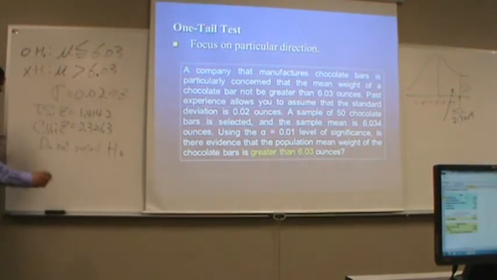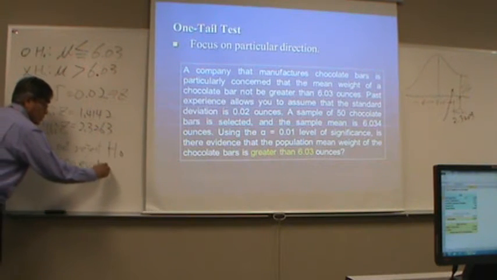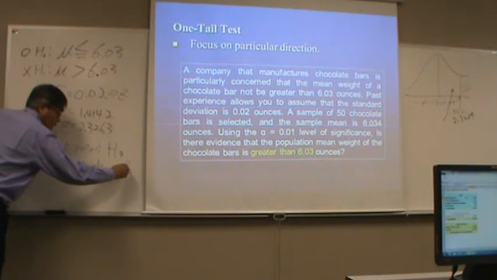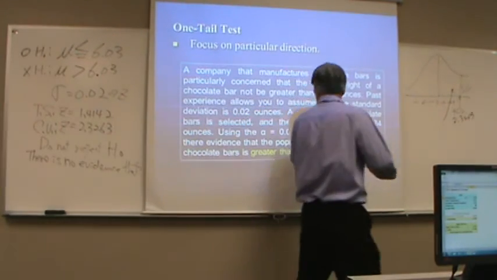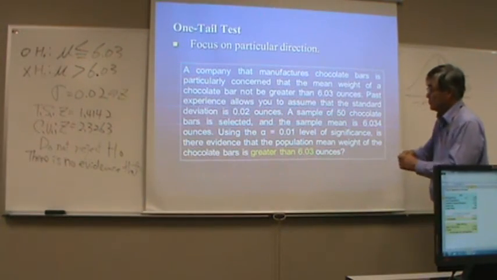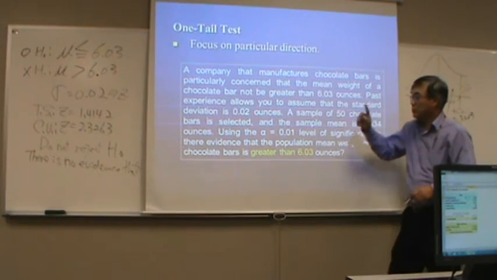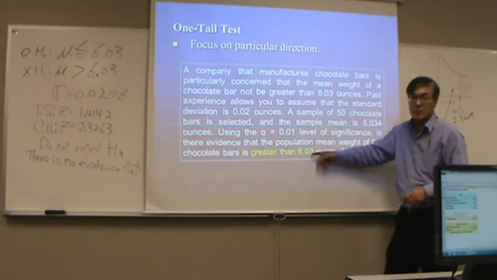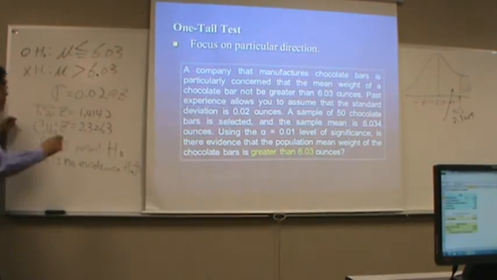So there is no evidence that the population mean weight of the chocolate bar is greater than 6.03. So copy the sentence.